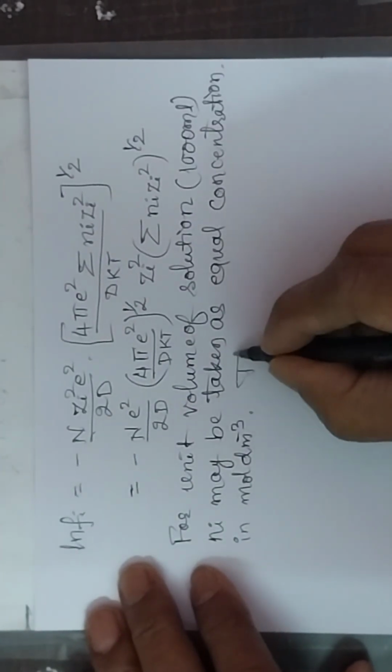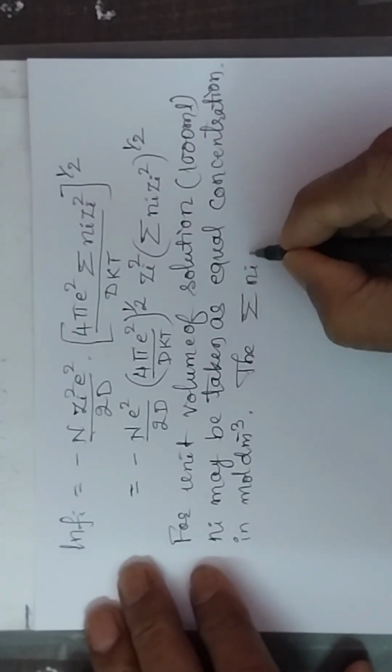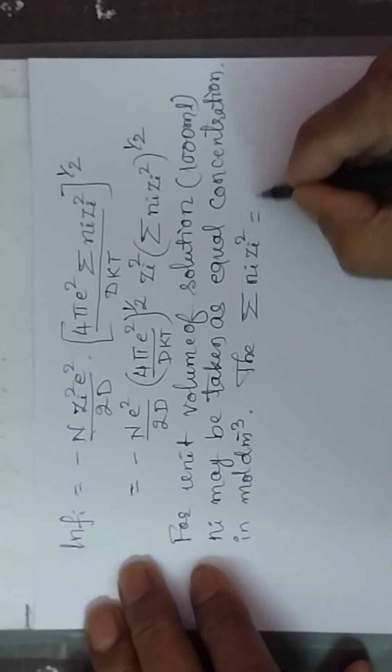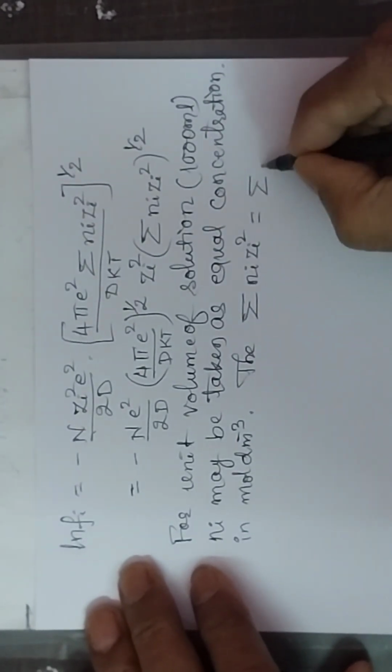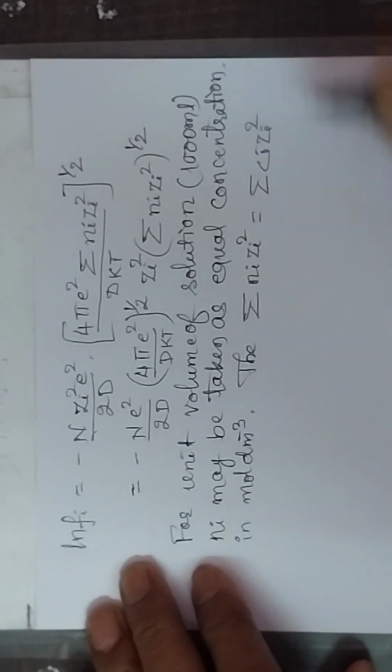Then summation of ni zi square may be written as summation of ci zi square.